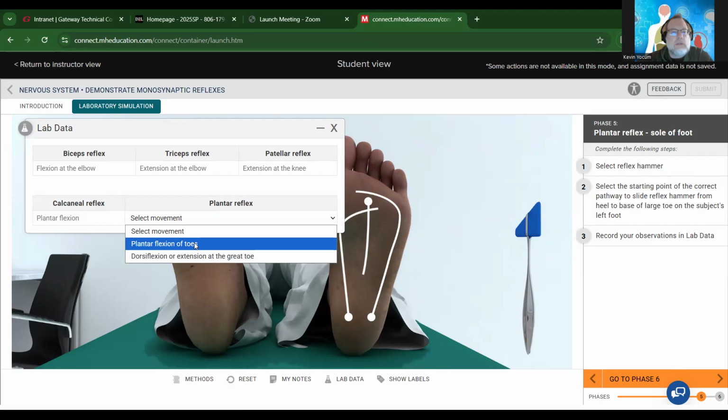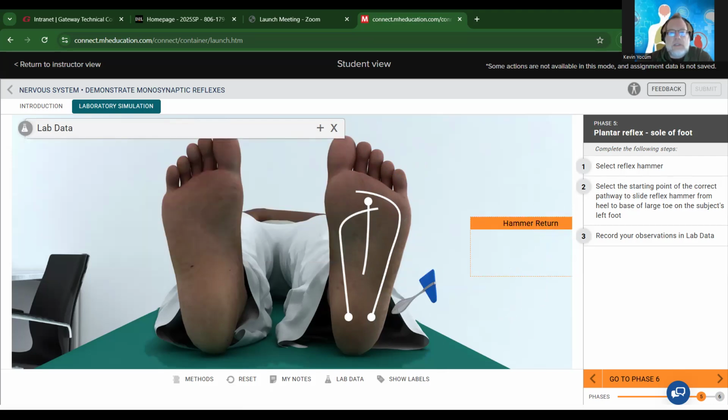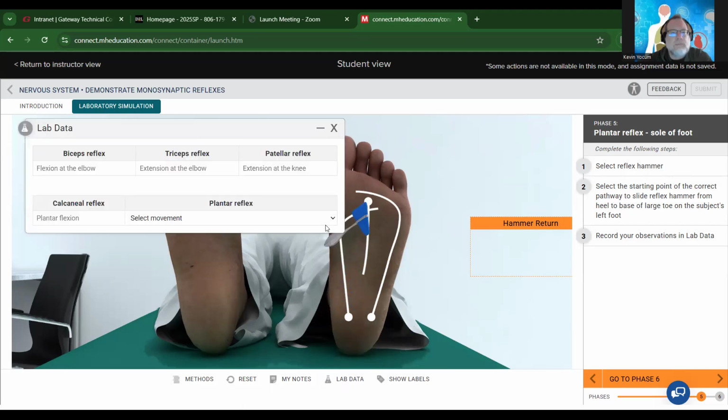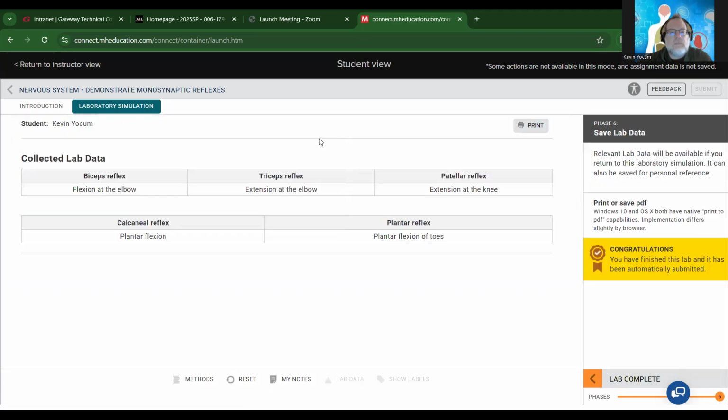So let's look at it again. So you did flexion, right? The dorsiflexion is splaying out. Okay, let's see. And that's that.